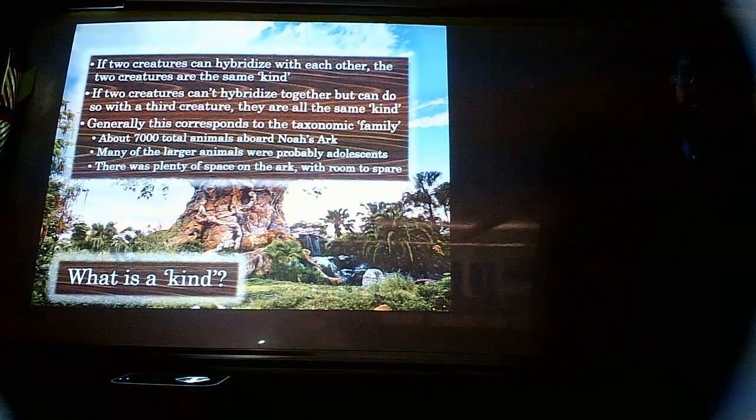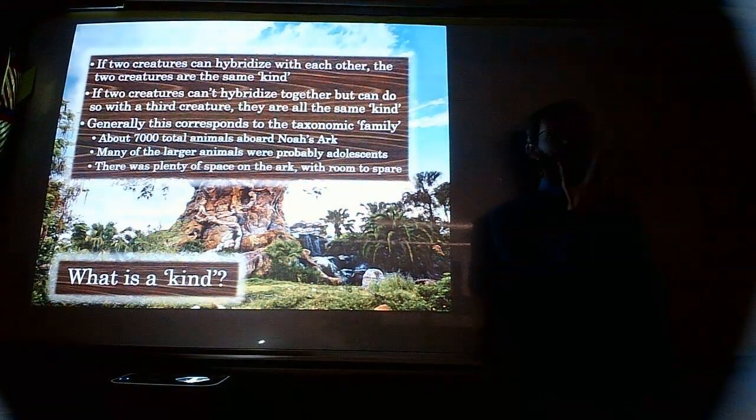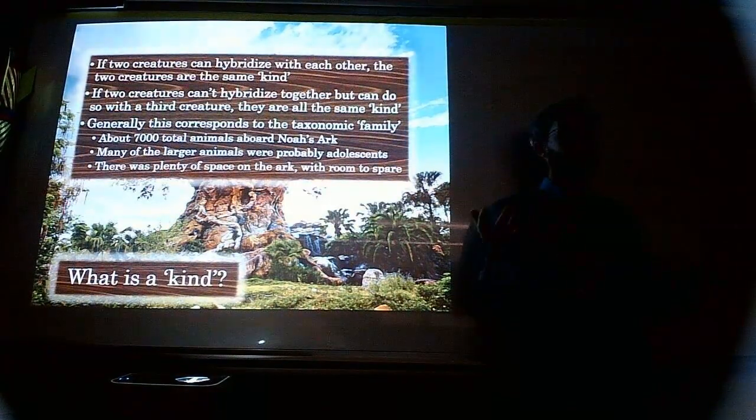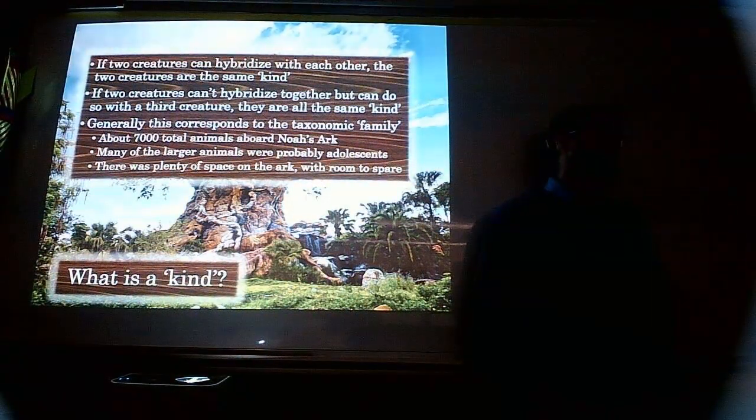You would not have a wolf and a coyote and a dog. Back then, there was one dog-like creature from which those other animals eventually developed through natural selection, just like you got all the different breeds of dogs through natural selection. You did not need a brown bear and a black bear and a polar bear and a grizzly bear on the ark.